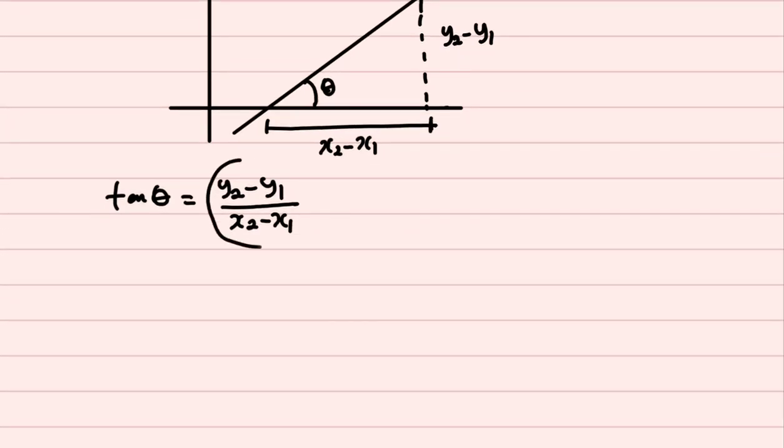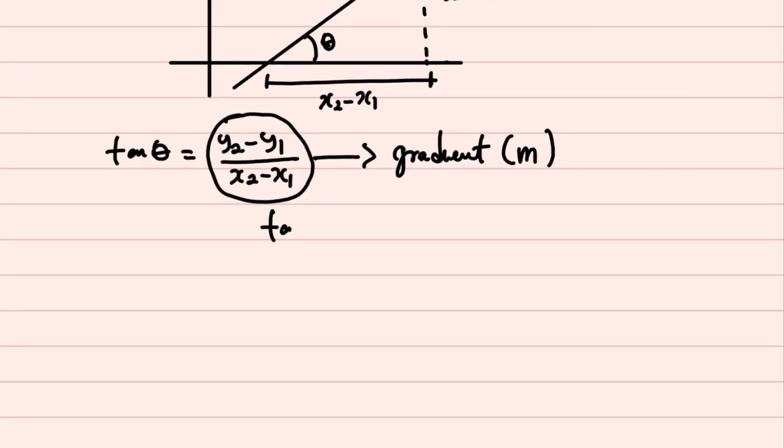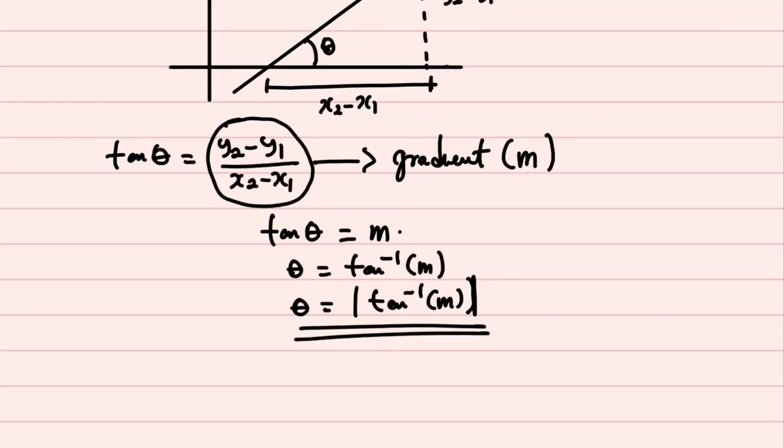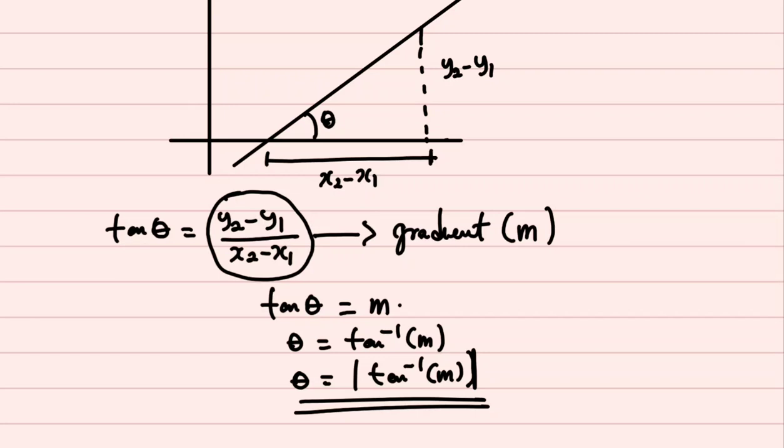And of course, we know that this expression is the same thing as the gradient. We denote it by m. Hence, we can say tan theta is equal to m. Therefore, theta is equal to tan inverse of m. And of course, theta is going to be the absolute or positive value of the tan inverse of the gradient. Good. This is how to find the angle that a line subtends with the horizontal.